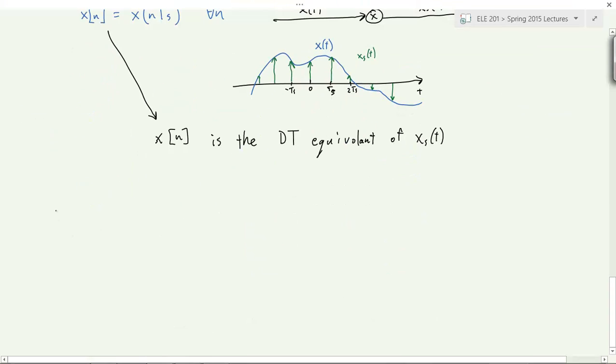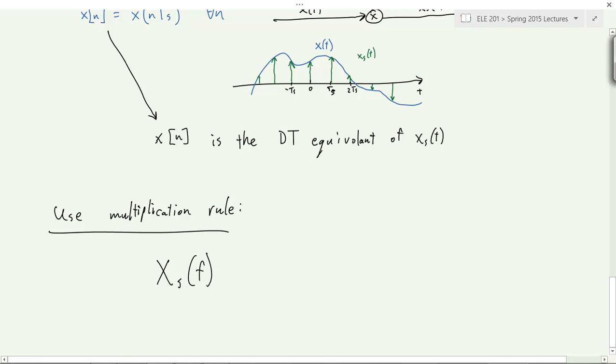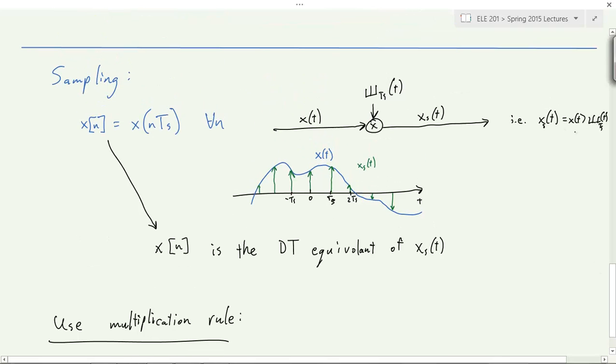Great. Now to understand what sampling did, we can use the multiplication property of the Fourier transform. So let's look at the Fourier transform of this sampled signal. Well, we know that we just did a multiplication, and the rule for the Fourier transform is multiplication in time is convolution in frequency.